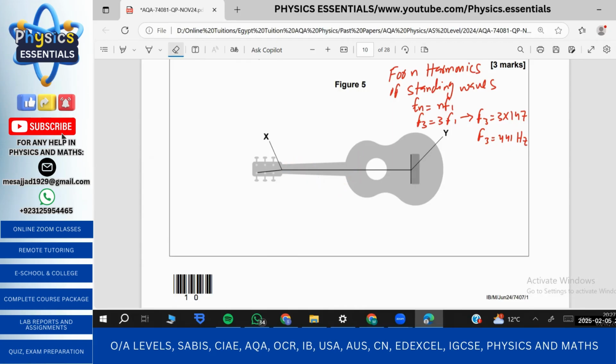I'm not good at drawing them. Okay, that's better, still not good. The amplitude above and below should be the same, otherwise you will lose marks. Be careful with that, okay?